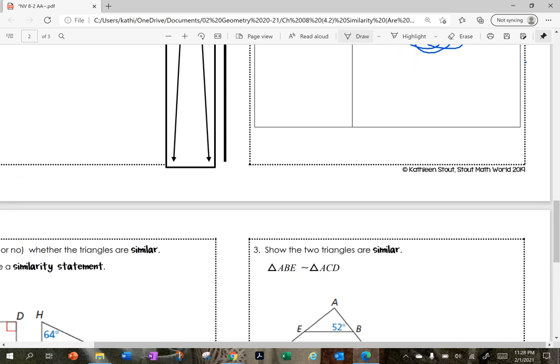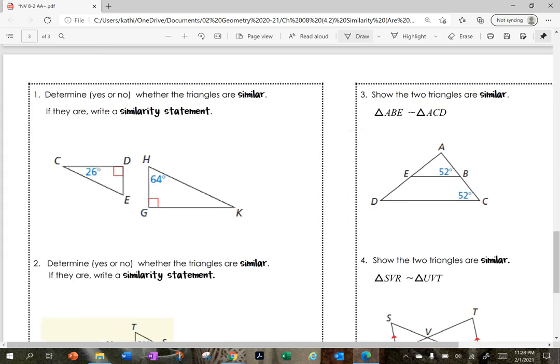All right, let's try some problems. Let's determine whether the triangles are similar. So I'm looking for a yes or a no. If they are similar, then I'm going to write a similarity statement.